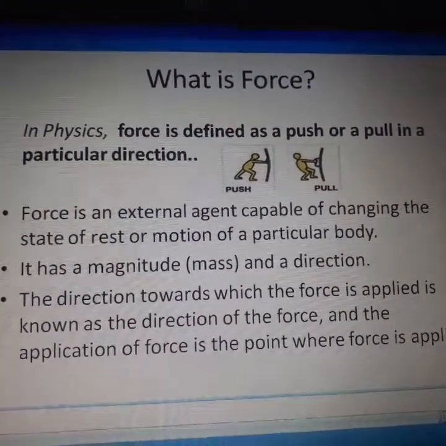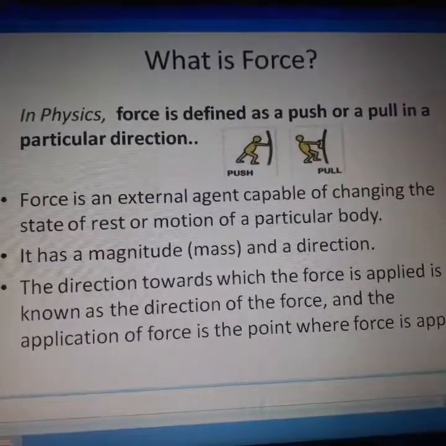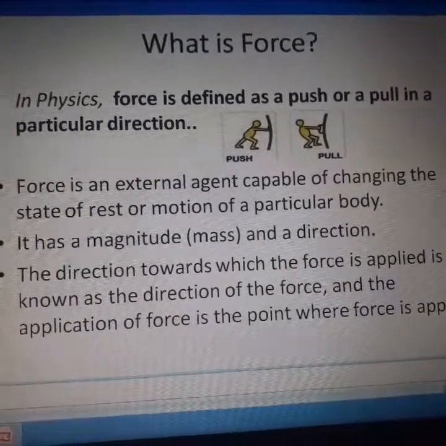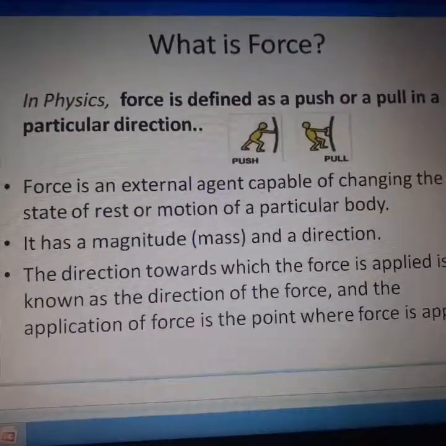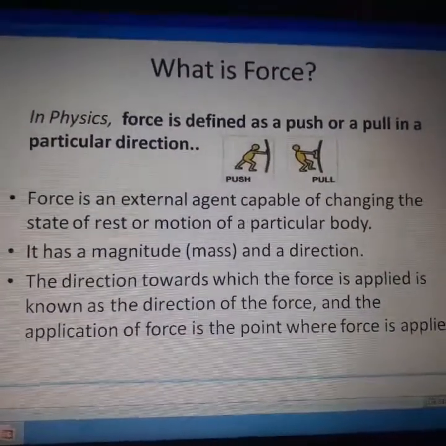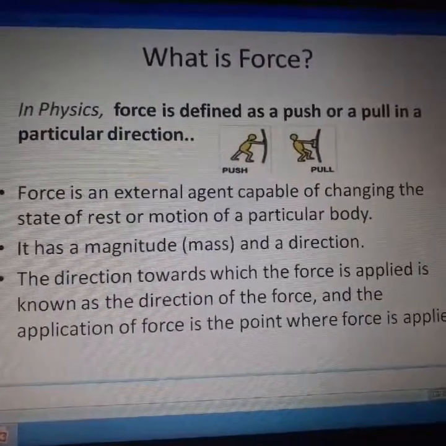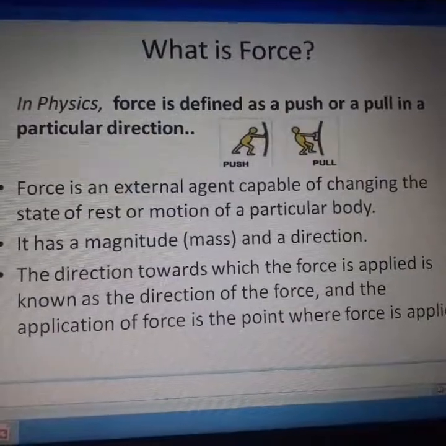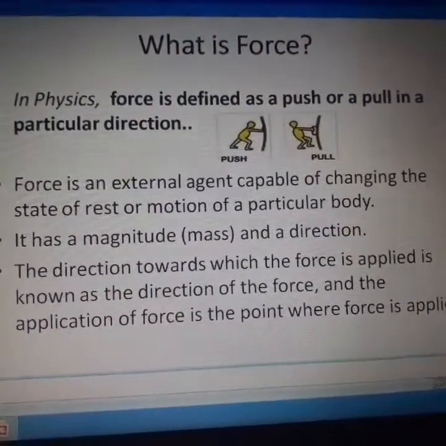Force, therefore, is an external agent which can change the state of rest or motion of a particular body. It has magnitude and a direction. It can move a body in a particular direction, or it can change the direction of motion.